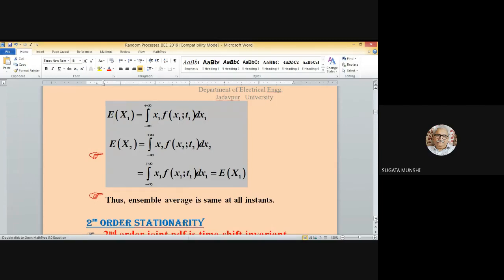The statistical mean of the ensemble, whether you determine it for t equal to 0 or t equal to t1 or t2 or t3, will remain unchanged. So you can determine it anywhere you like for any value of t. That is the implication if you have first order stationarity only.